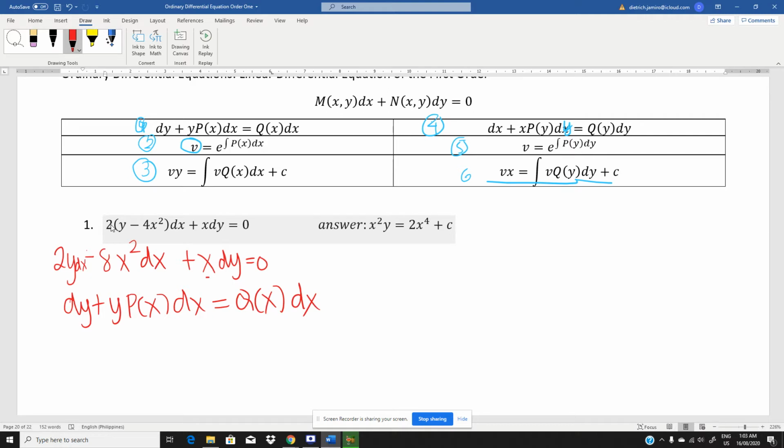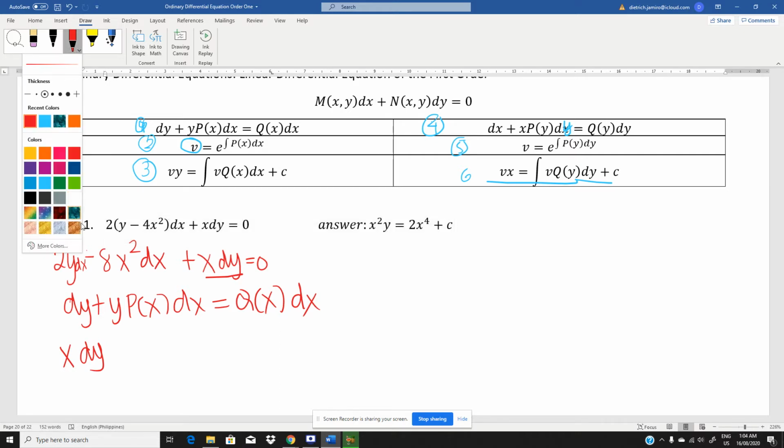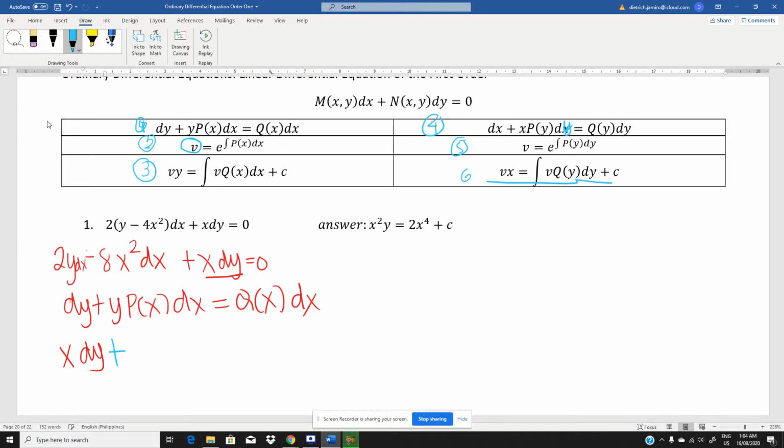So you can see this will become our first term, so we will have x dy, and then our y times p of x dx, which is equivalent to this, so we will have 2y dx. And then because this one is q of x dx, I'll transpose this to the right side, so we will have 8x squared dx.